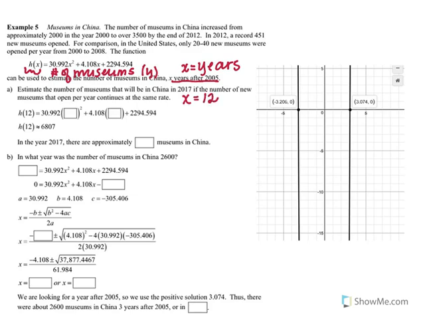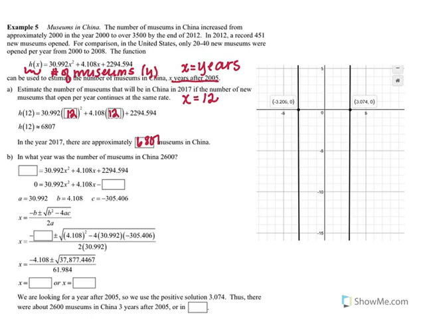So I'm going to plug in 12 for my x value. We can multiply and square using our order of operations. So when I plugged in 12, I ended up with approximately 6,807 museums in China.